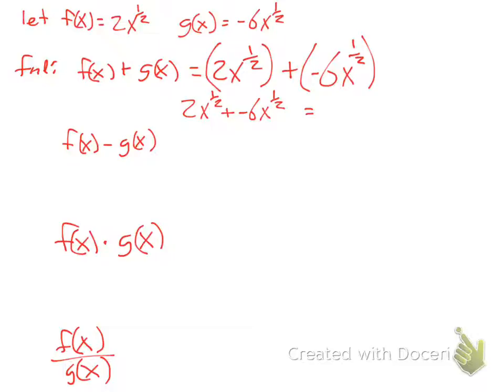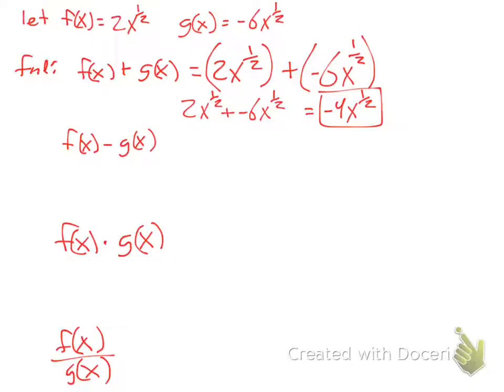What's 2 minus 6? Negative 4. Negative 4x to the 1/2. So when I add them together, I get a negative 4x to the 1/2. Remember, we're gathering like terms, so the coefficients is all I'm looking at. 2 plus a negative 6.